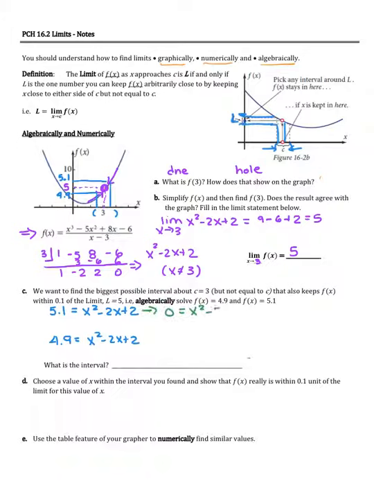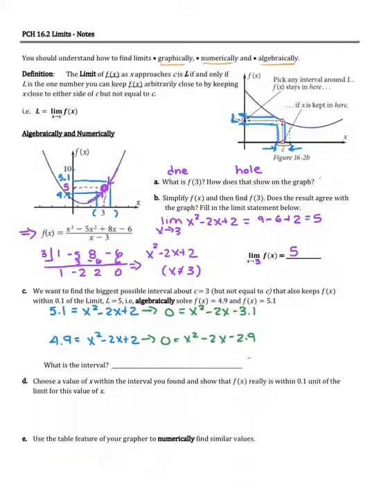So I have x squared minus 2x, and then for the 5.1, this becomes minus 3.1. And for the other one, x squared minus 2x minus 2.9. Then we use our quad program on both of these.